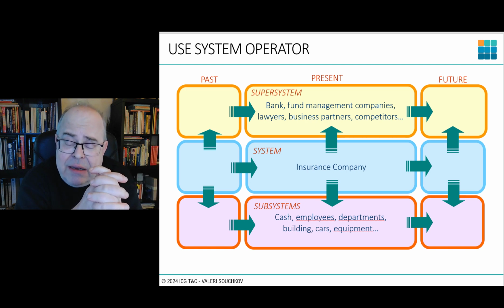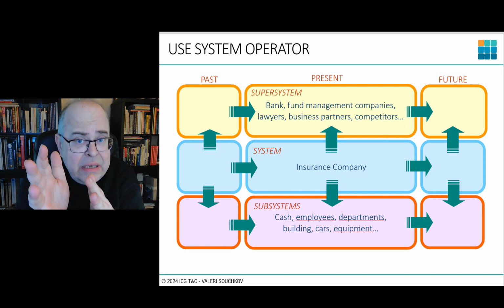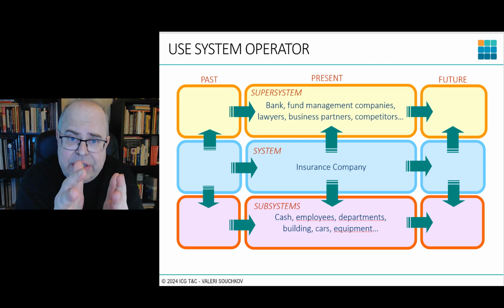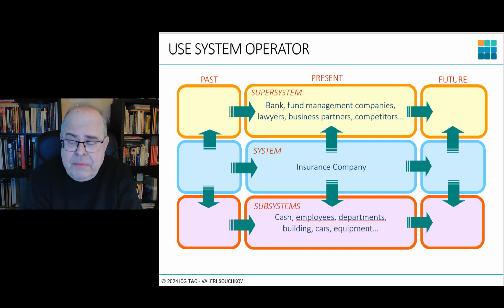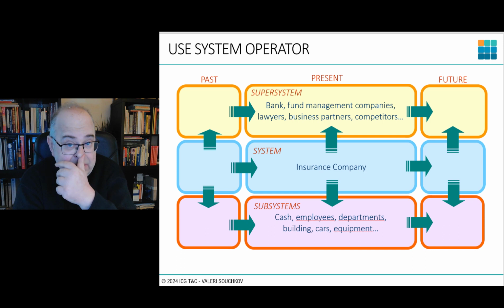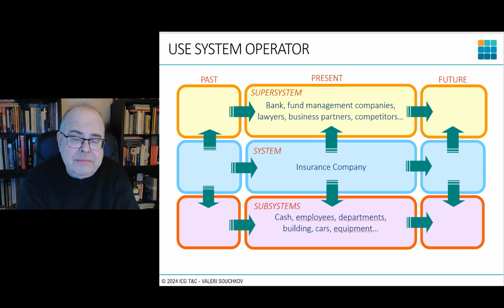But today there are successful stories about predicting the future and predicting transition from one S-curve to another S-curve by using the system operator, where we consider and monitor the evolution of the supersystem and translate it to the future evolution of a system, business system or technical system, it doesn't matter. Okay, that's what I want to tell you in my presentation.